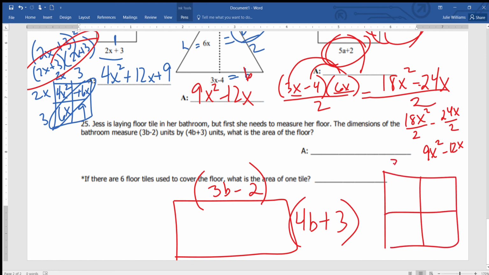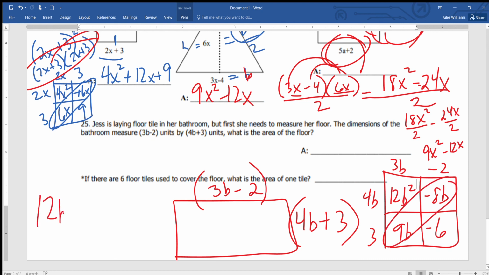So we're going to have 3b and a negative 2. We're going to have 4b and a positive 3. So 12b squared, negative 8b, 9b, and negative 6. So if I combine these critters here, I get 12b squared plus b, subtract 6. And that would be, of course, units squared.